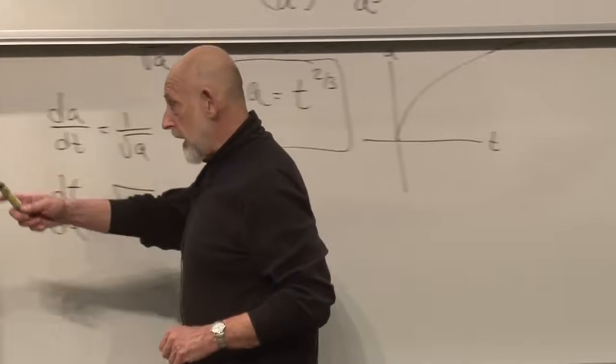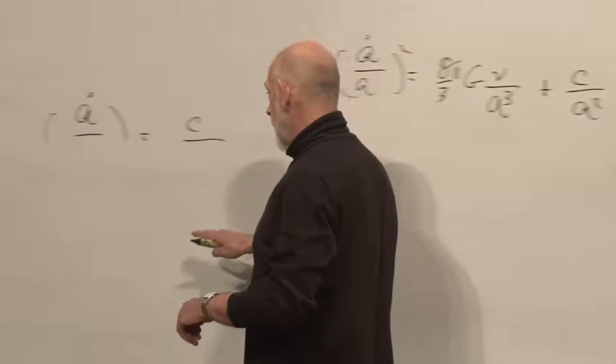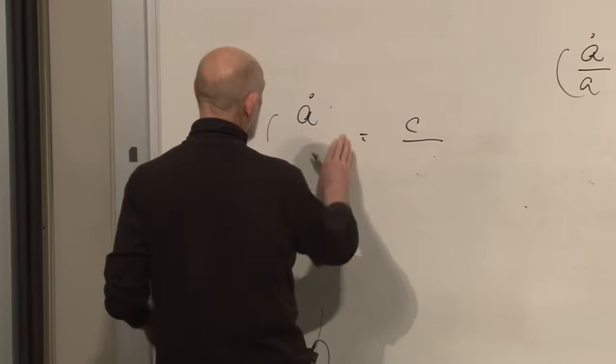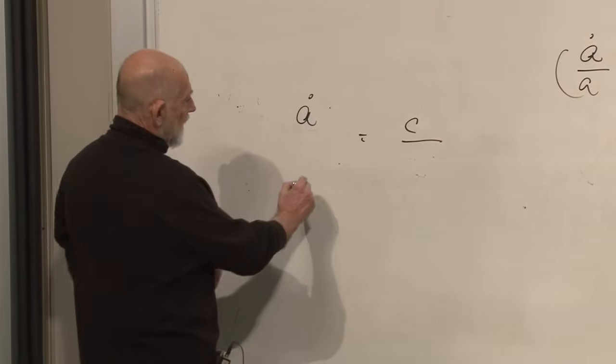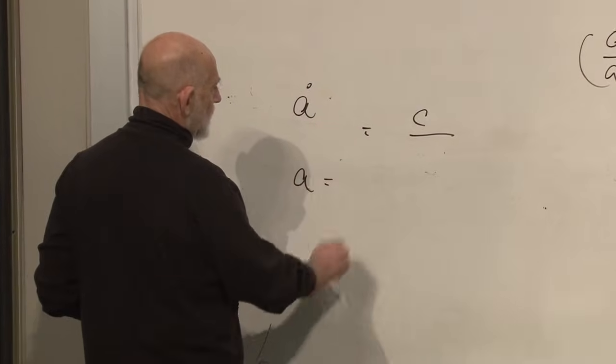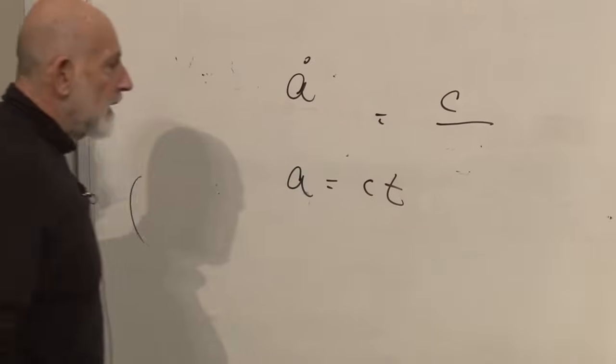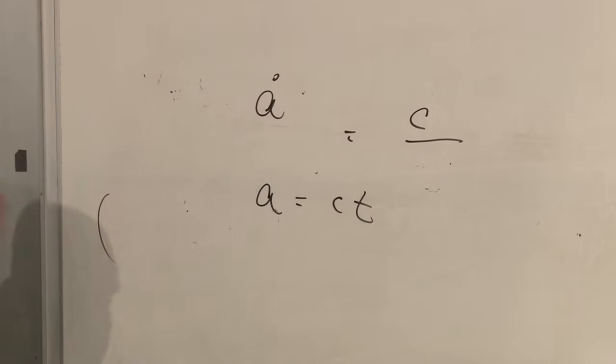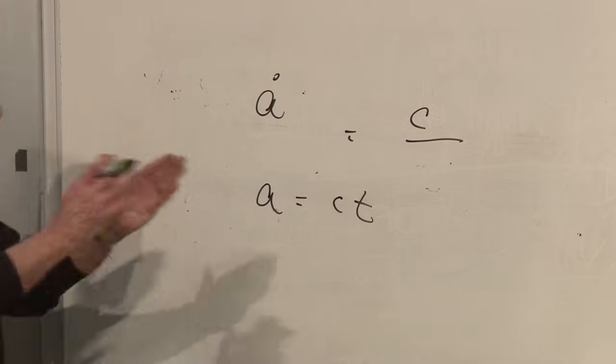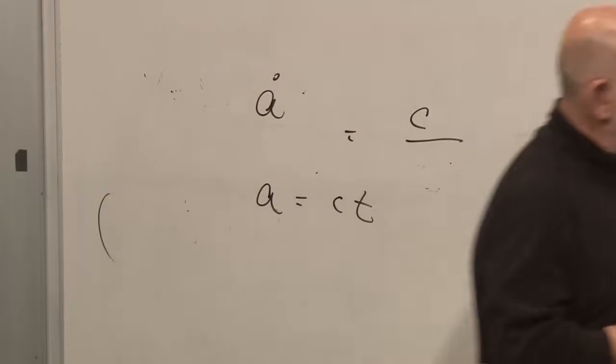That's what this is saying. A dot is just constant, and that tells us that a is just proportional to time. The constant c times time. The galaxy just moves off with uniform velocity.